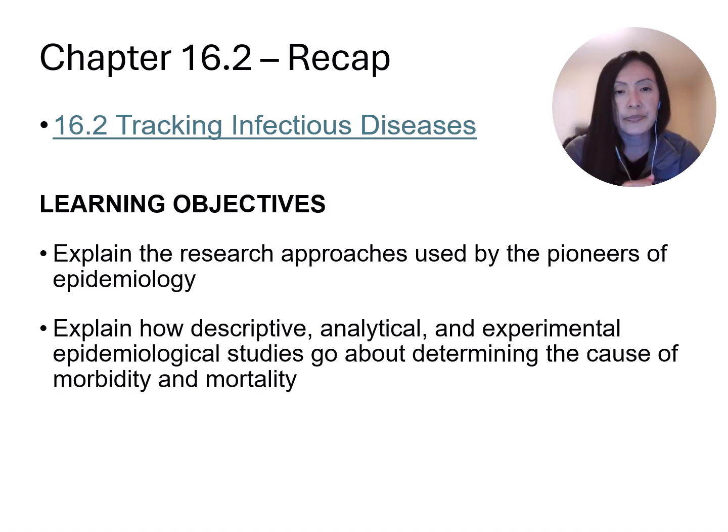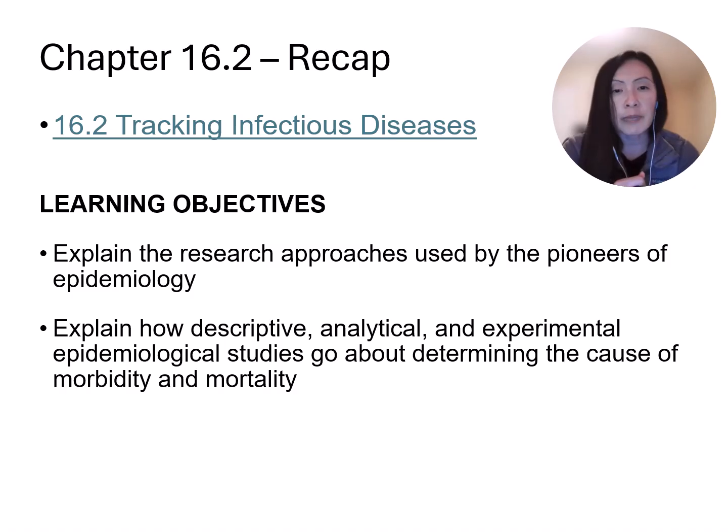epidemiology. For the second one, explain how descriptive, analytical, and experimental epidemiological studies go about determining the cause of morbidity and mortality. So in descriptive studies, we're observing and describing patterns. In analytical studies, we're comparing groups to test hypotheses.